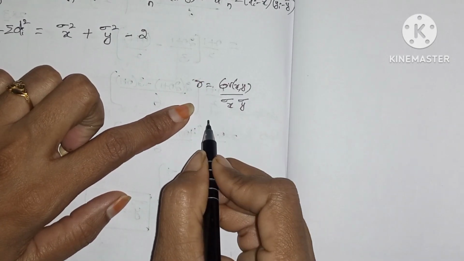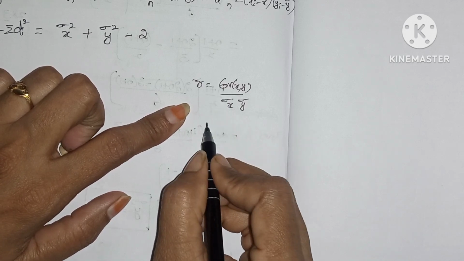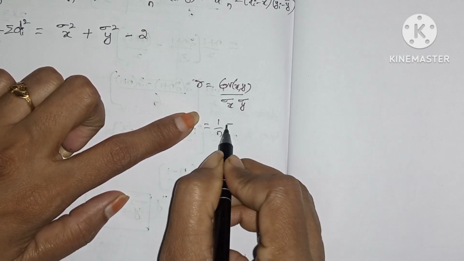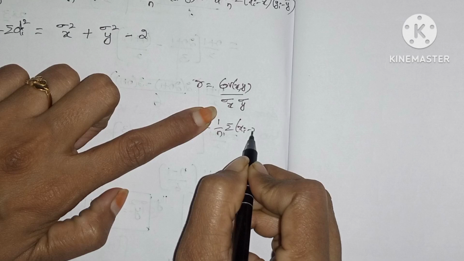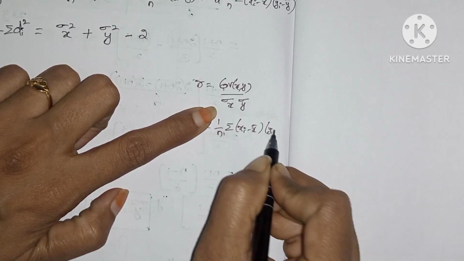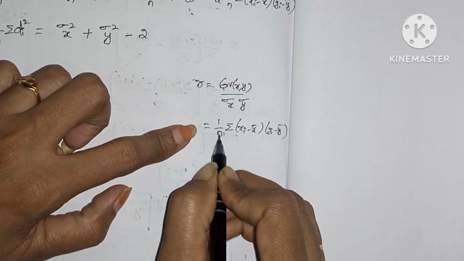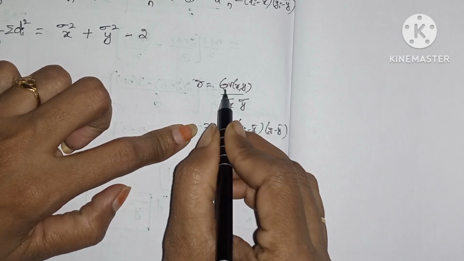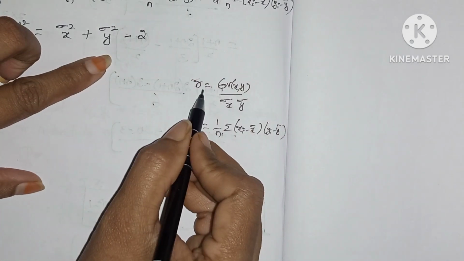So the covariance formula is nothing but 1 by n summation xi minus x bar into yi minus y bar, isn't it? So in place of this, what can we write?